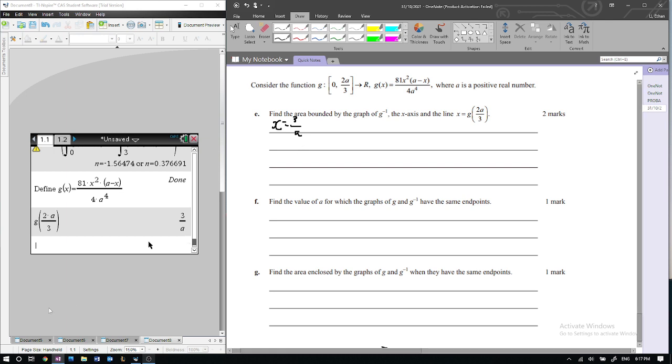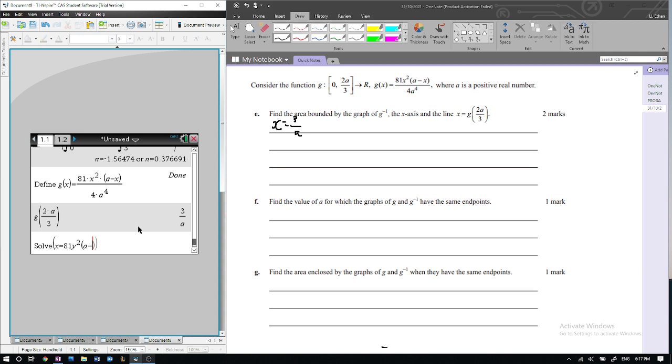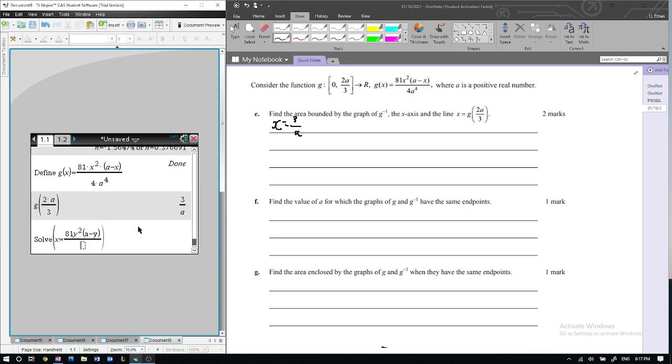So let's get our graph of g inverse. Remember, you can get your inverse function really easily on the calculator by just doing this. I'm replacing x with y, and then I'm just going to solve in terms of y.